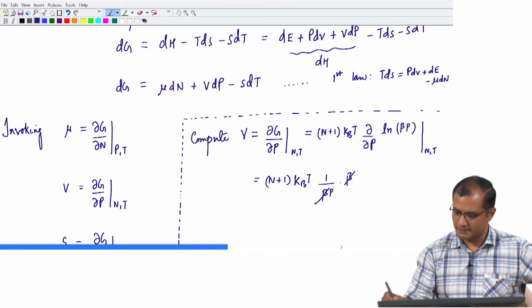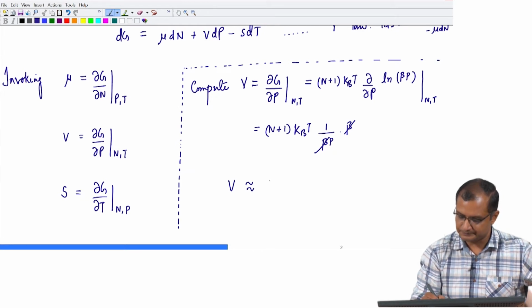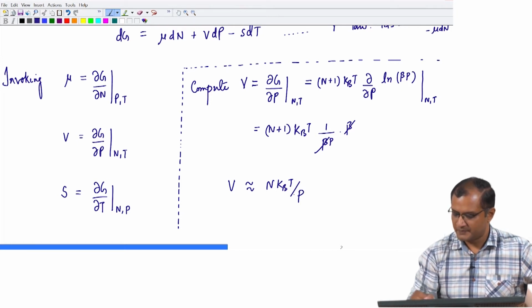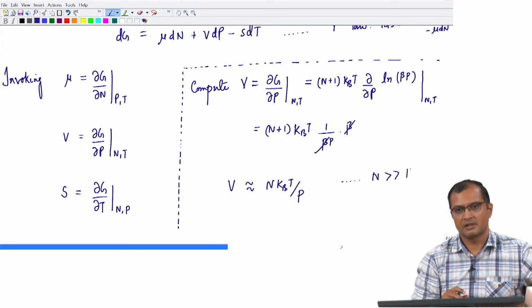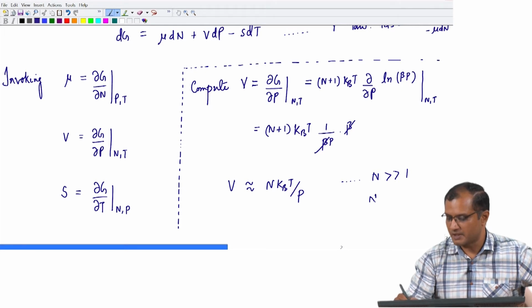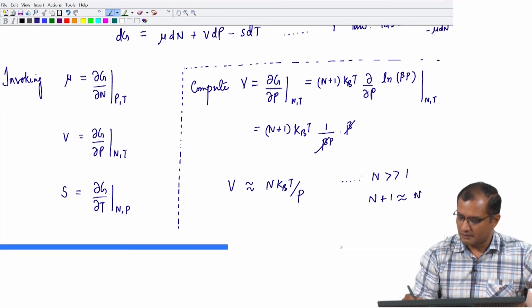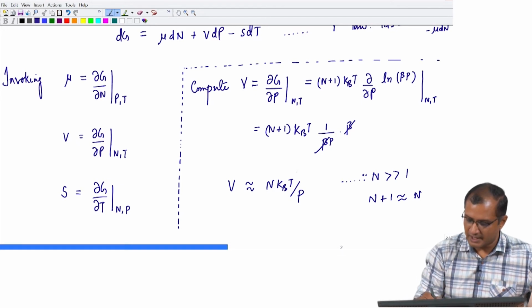You can knock off these betas and write down the final answer as just N kBT over p. This is because N is very large compared to 1. So, n plus 1 is the same as n, okay. Since this is the case, this is the ideal gas law.